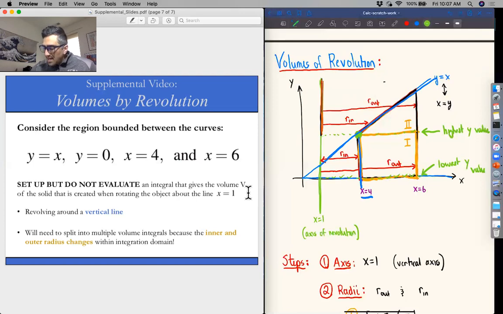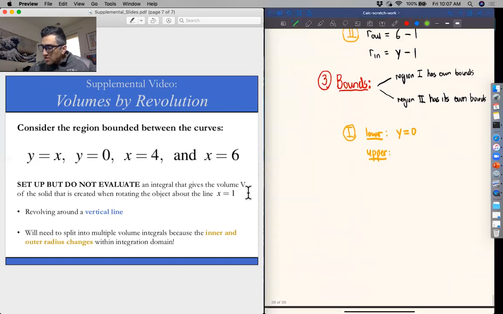So we need to find the intersection point by setting those two functions equal to each other. We set those equal, and we just find y equals 4. So that would be the upper bound for region 1.